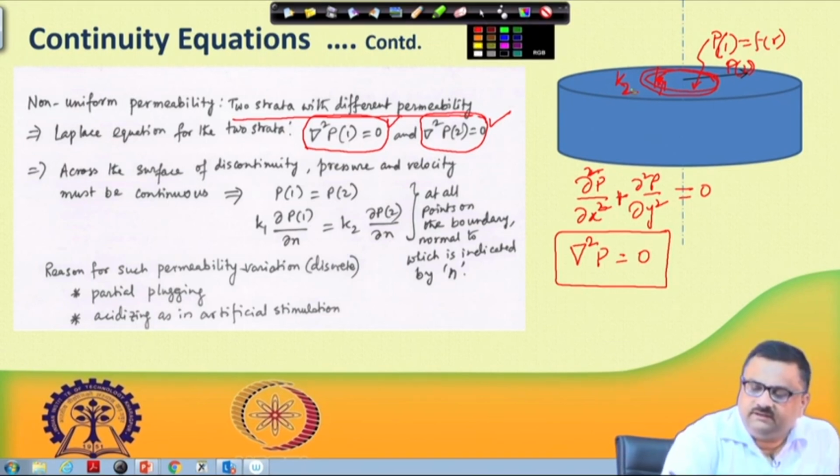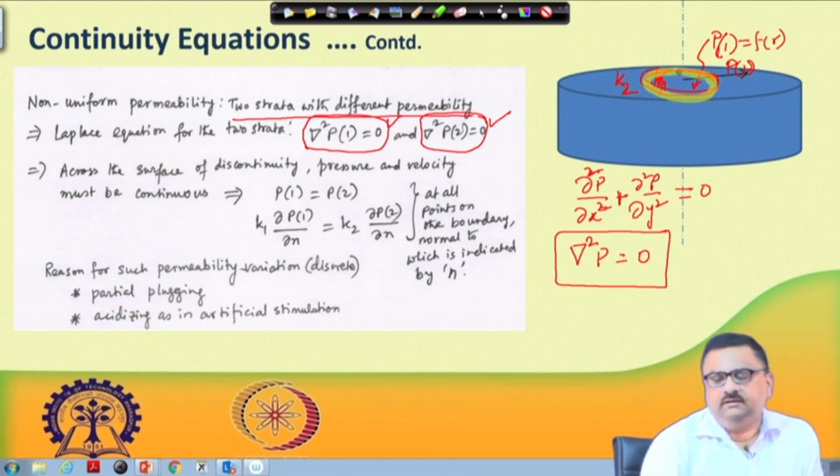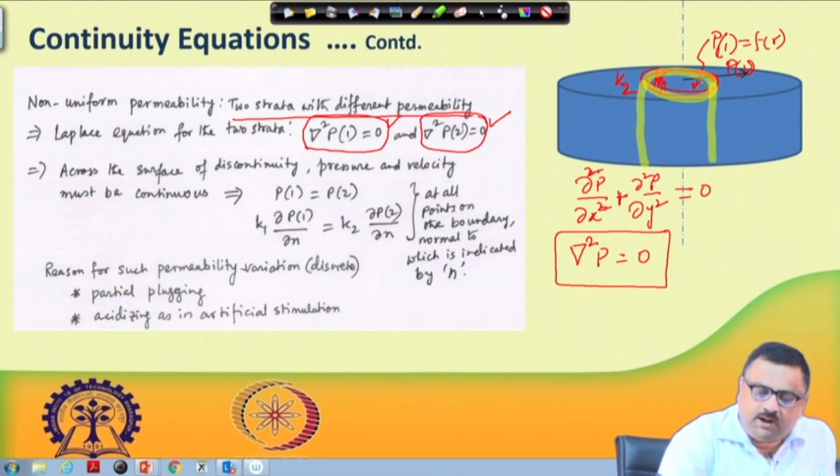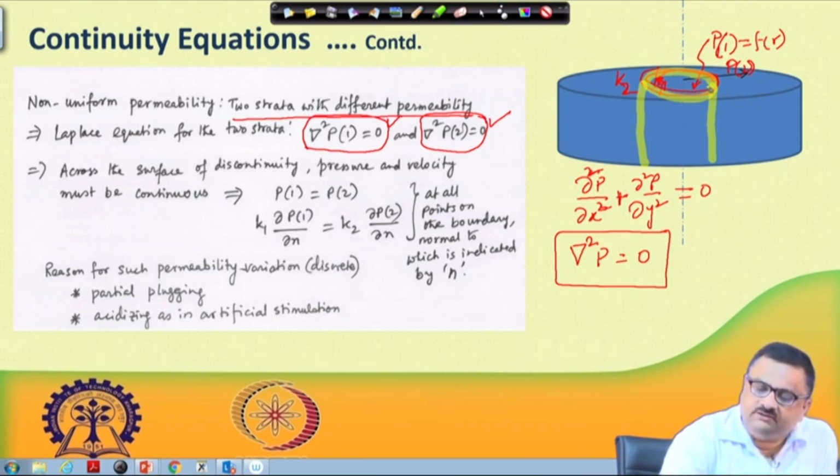This is the surface where you expect that the pressure that you are calculating from this side, which is P1, and the pressure that you are calculating from the other side, which is P2, these two pressures have to be equal at this point.